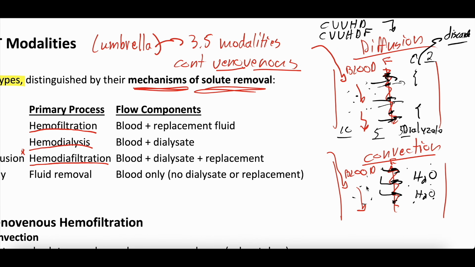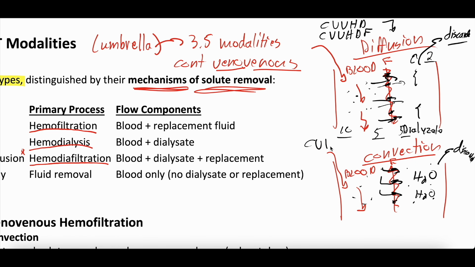It's more of a hydrostatic pressure with semi-permeable membrane leading to plasma water going through this membrane and dragging solutes with it. And then this is discarded. So in convection, there's no dialysate. Okay? There's just this semi-permeable membrane that water from the plasma goes through, and it drags solute with it. Remember, convection, we said we equate that to hemofiltration.